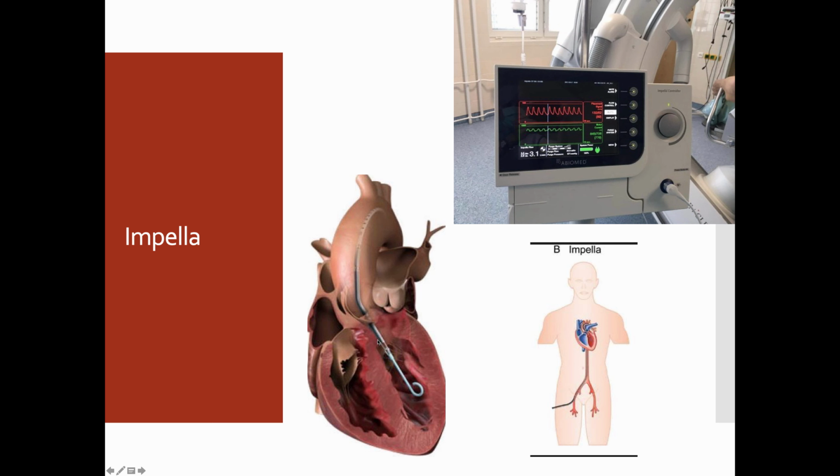And there's a little device that spins to accelerate the blood. And again, it sucks it out of the ventricle, shoots it up in the catheter, and ejects it into the aorta here. And that can provide a huge amount of blood flow and support for the heart.